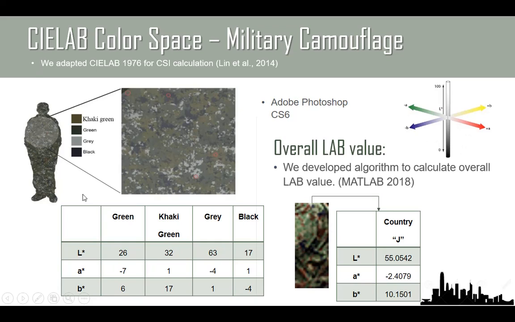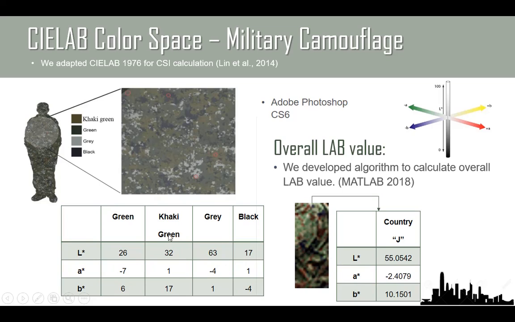For example, this camouflage has four different colors: green, khaki green, gray, and black. Each color has its own LAB values. For example, the green here is 26, -7, and 6. So this is why the colors are different, because the LAB values themselves are different.